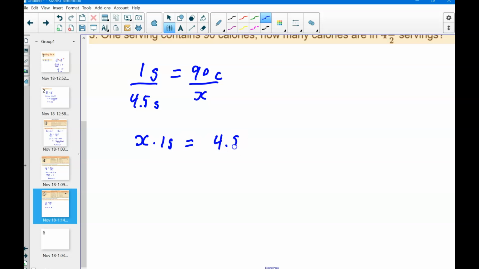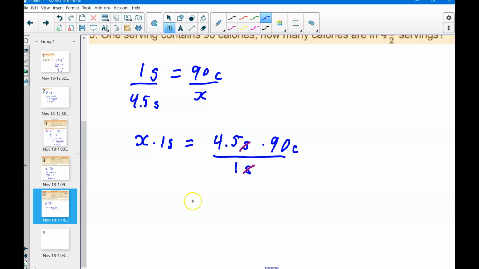4.5 S times 90C, divided by 1S. Doing this on purpose so you see the S's cancel, and dividing by 1 doesn't make a difference.